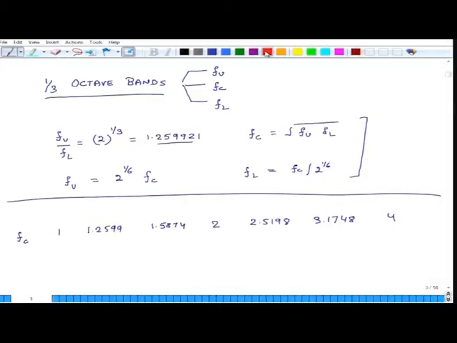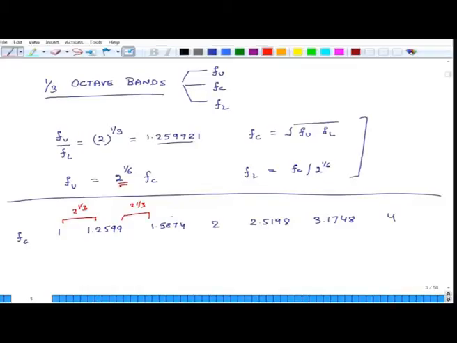So, what is this? Successive central frequencies are off by a factor of 2 to the power of 1 by 3. Now, these are all central frequencies. For each band, if I have to compute its lower and upper frequency limit, I have to divide and multiply by 2 to the power of 1 by 6.